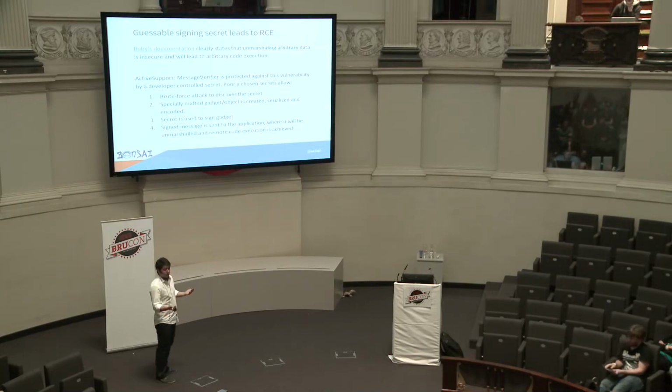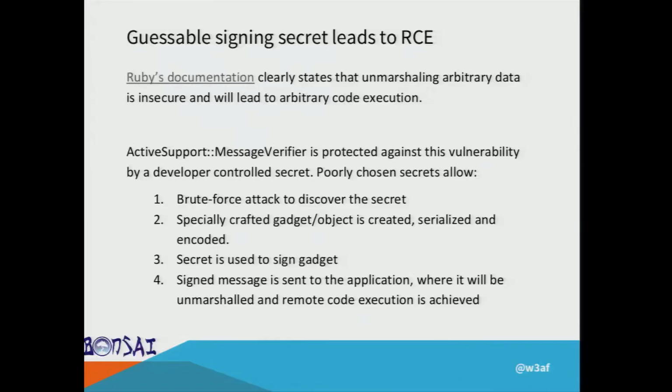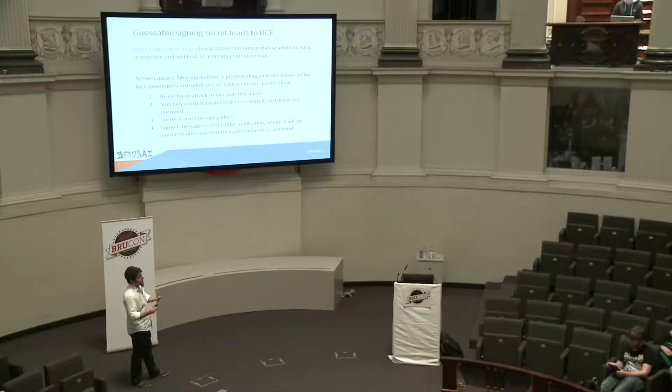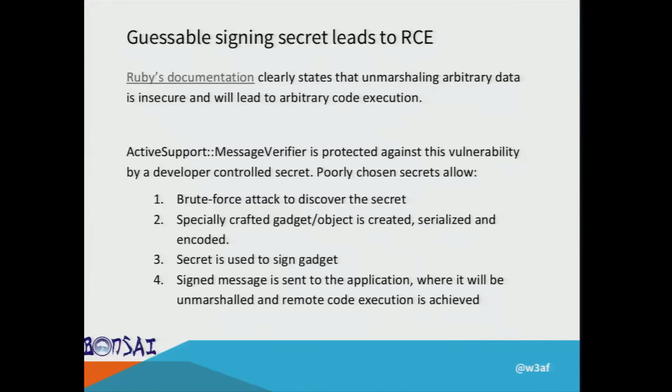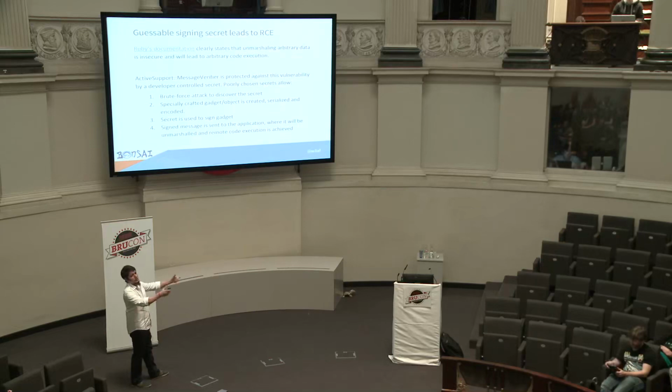So as an attacker, what I can do is follow these steps. First, brute force the secret until I identify it, or maybe I know it somehow because I gain access to the source code or something. Then, you create a specially crafted gadget. That gadget is basically an object serialized using the Marshal protocol that, when you unmarshal it, executes an arbitrary command.